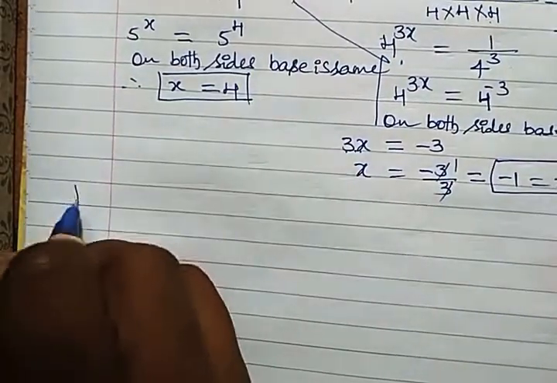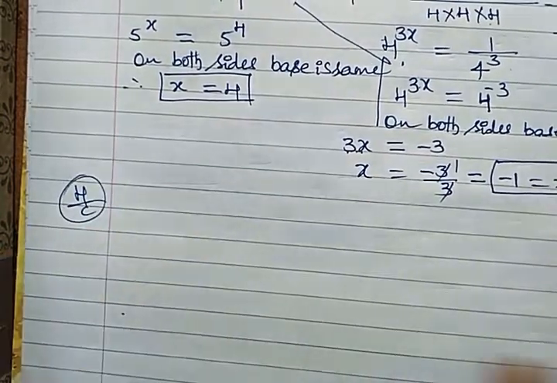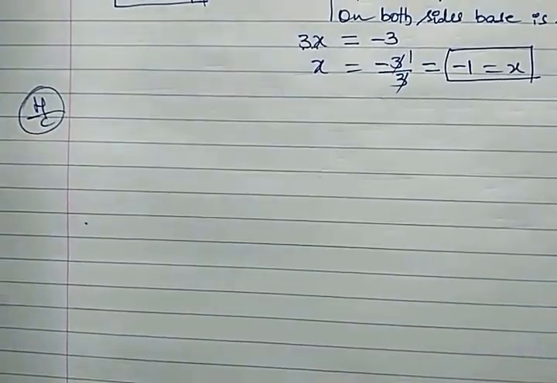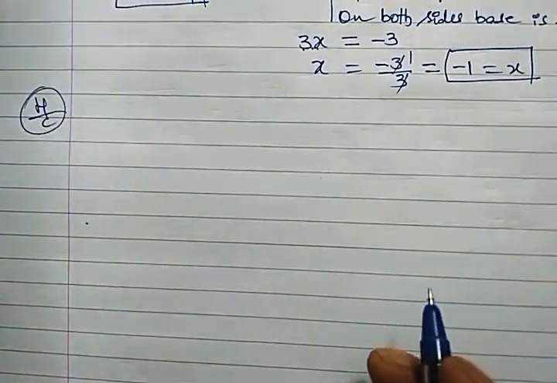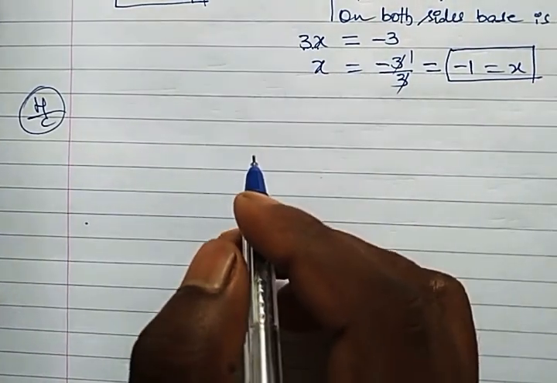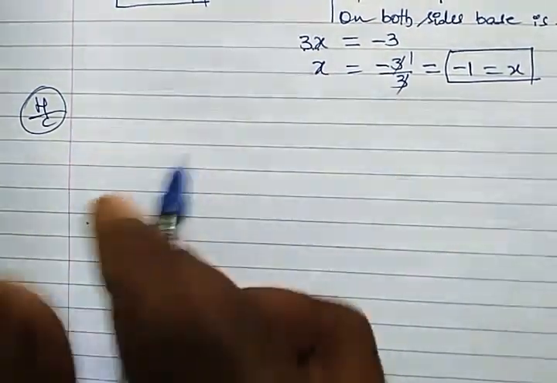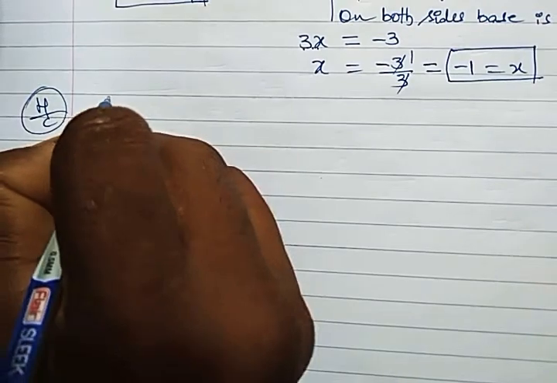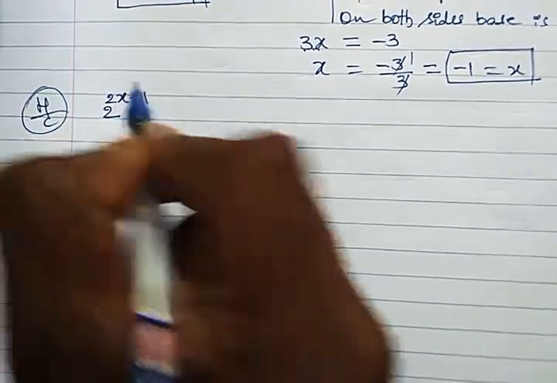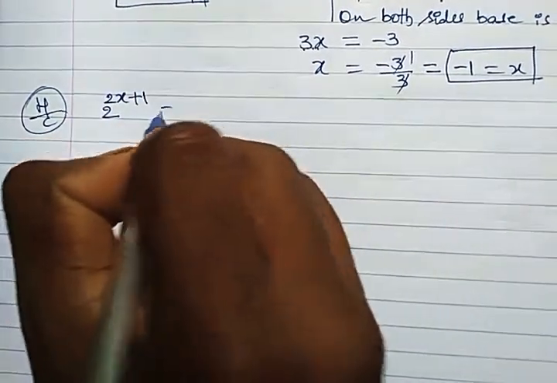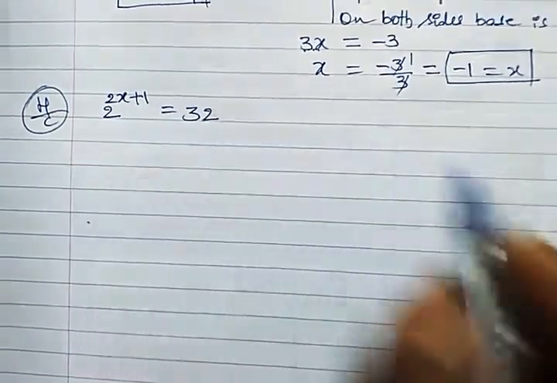Now we will go to C. 4C is 2 power 2x plus 1 is equal to 32.